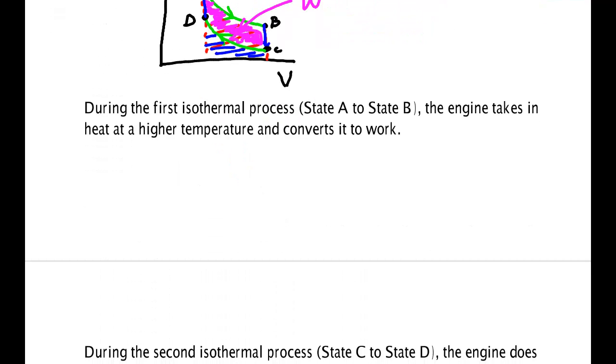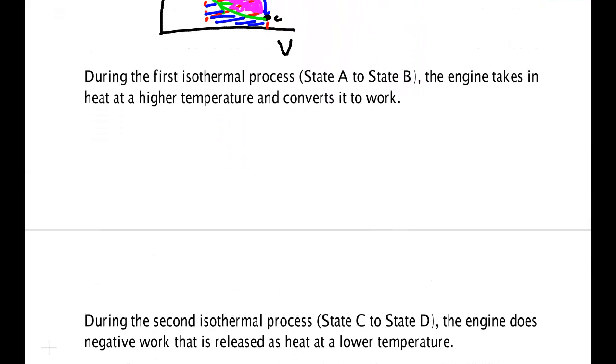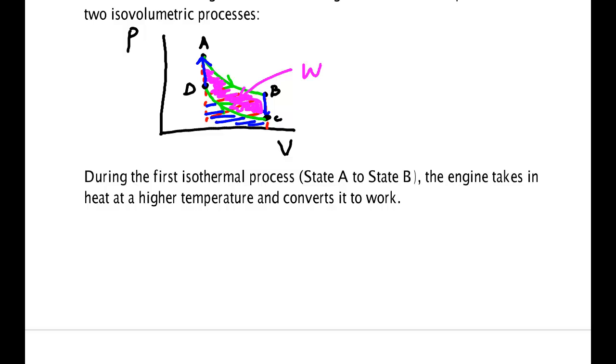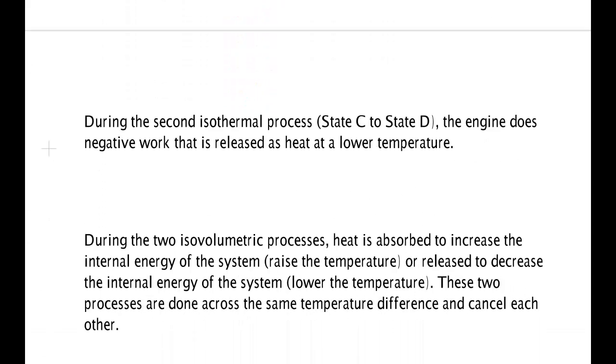So, in all of this stuff, let me put some things down. From A to B, that was QH. And then going from C to D, that was QL.